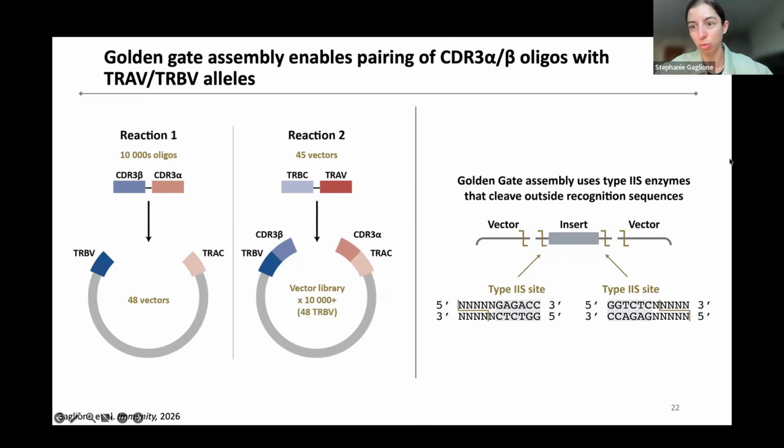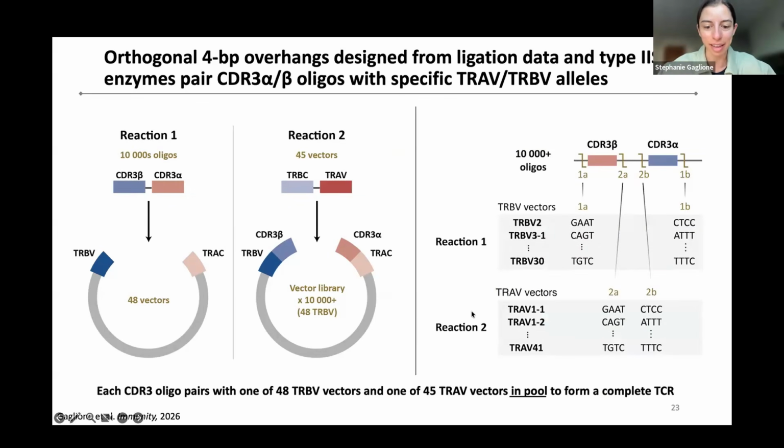Golden Gate, for those who don't spend a lot of time doing cloning, is a very well-precedented approach where you use type 2 enzymes to cleave outside recognition sequences, revealing 4-base overhangs that facilitate pairing using complementary overhangs. Now, this is typically used to link many sequences in series. And we had the thought: what if instead of doing series, we did this in parallel?